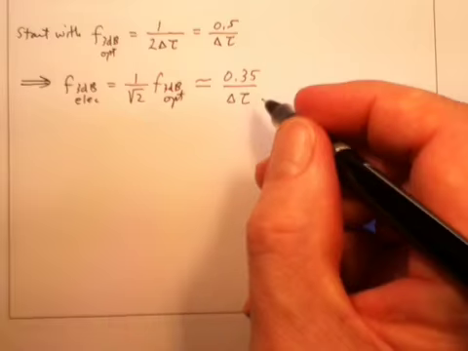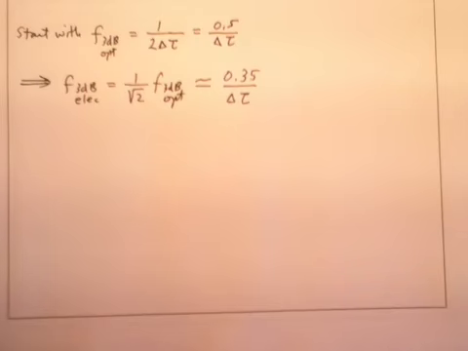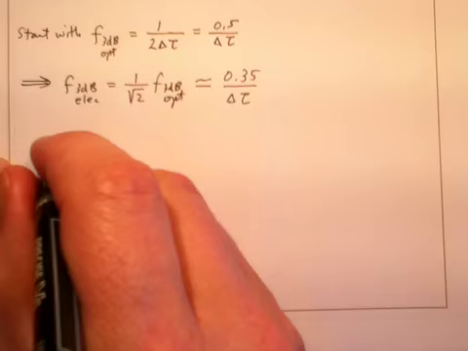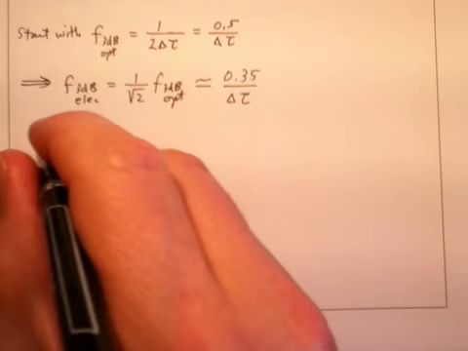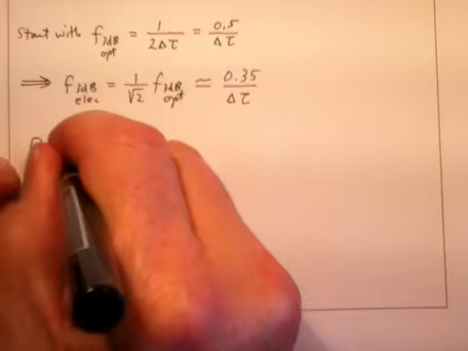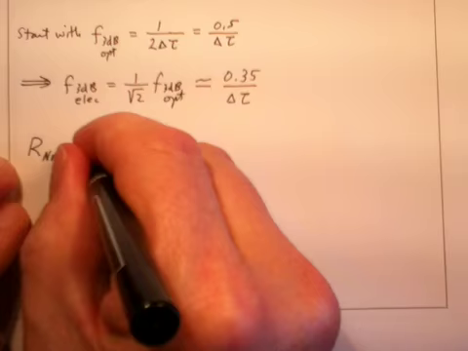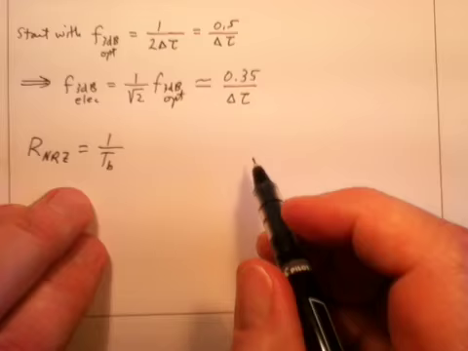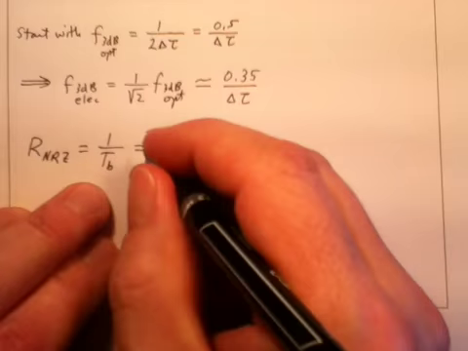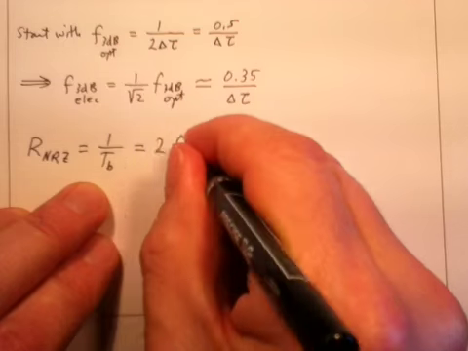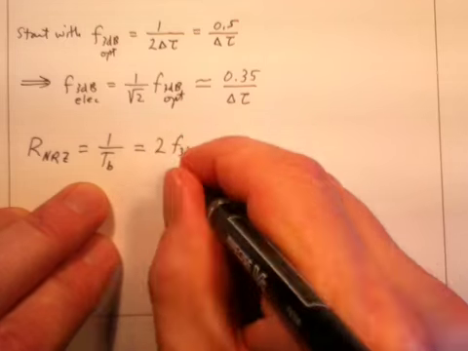We can now combine these with the data rates for NRZ and RZ. We can write that the data rate for the NRZ is 1 over the bit period. And this is then twice F 3 dB in the electrical domain.